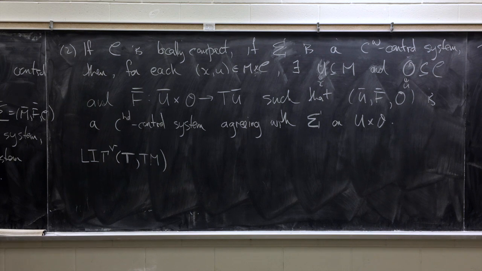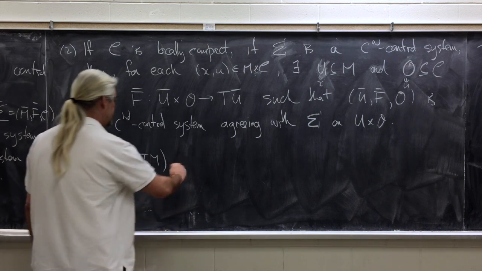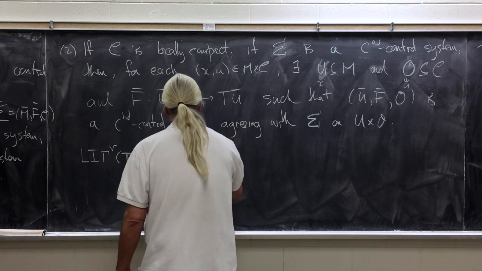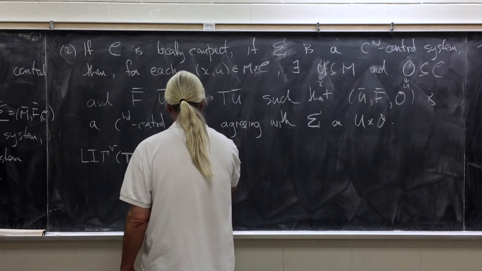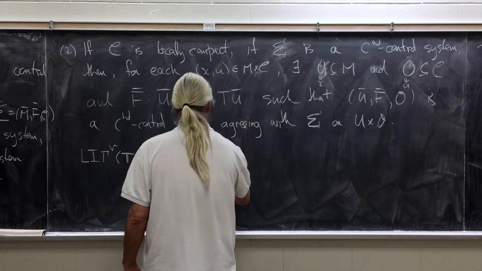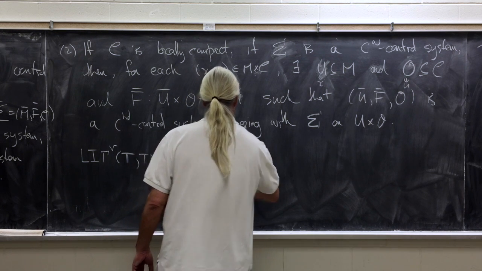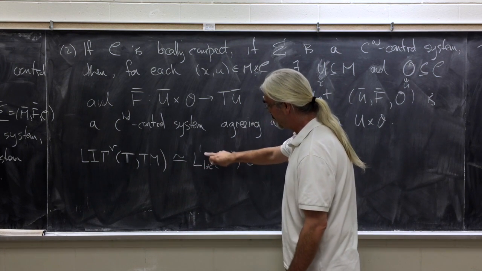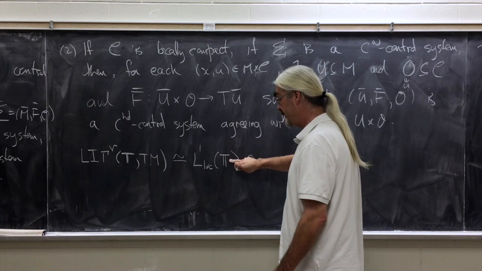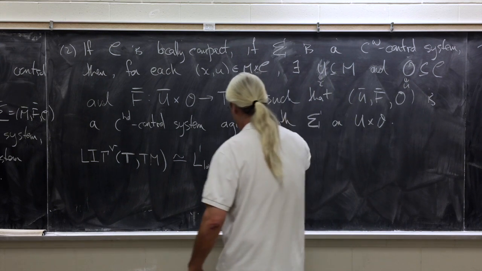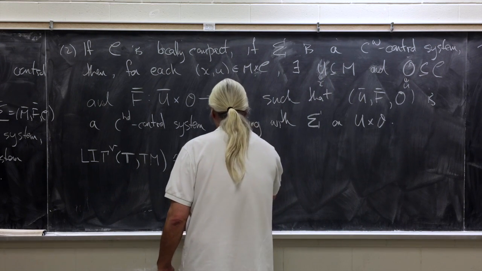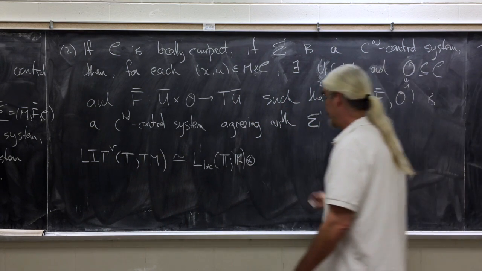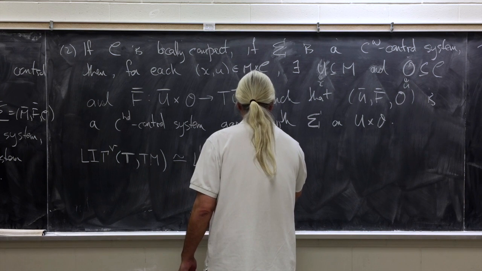So let's think about a time-varying vector field like this. It turns out it is relatively easy to show that this thing is isomorphic to some tensor product. Okay, so it's a tensor product of this guy, the locally integrable time-varying functions. So to make this clear, these are now just real value functions, tensored with the space of sections.